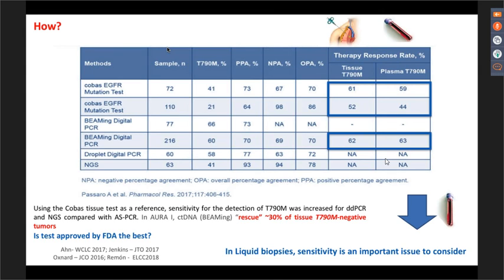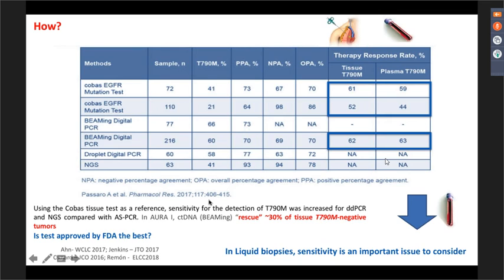Can we rely on these techniques? In the case of liquid biopsy, sensitivity is an important issue to consider. And using really sensitive methods, we can rescue a lot of patients with the T790M mutation, for example.